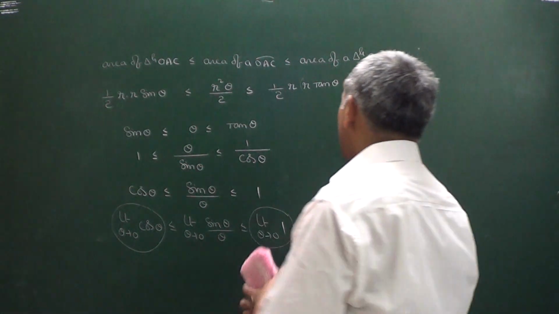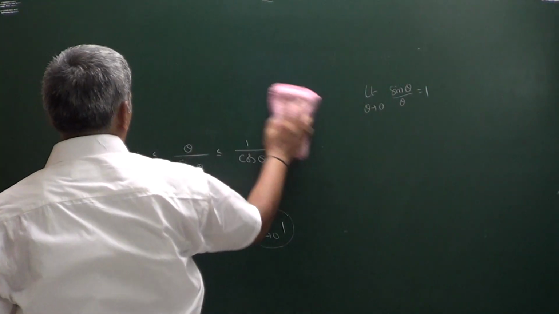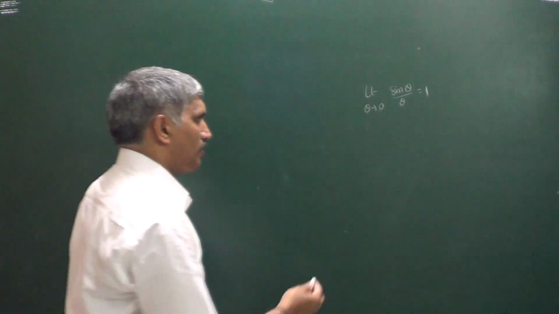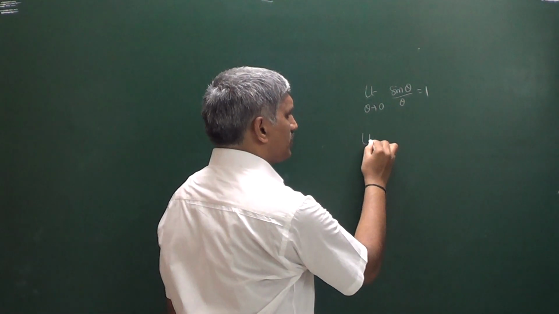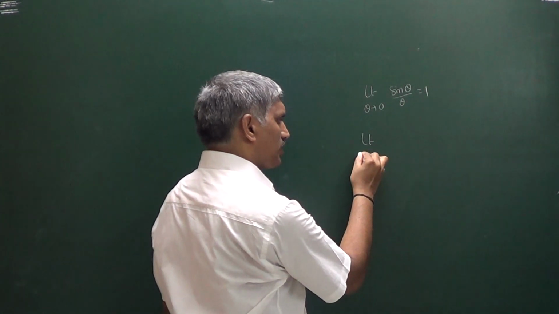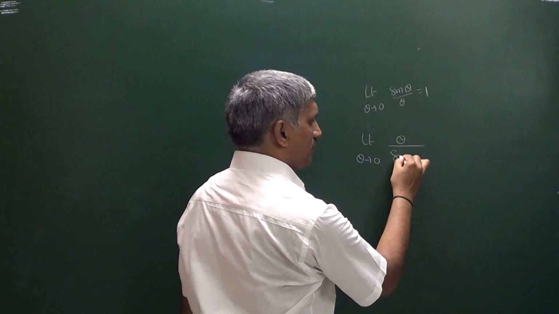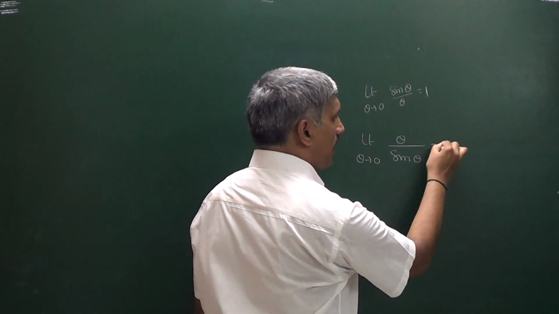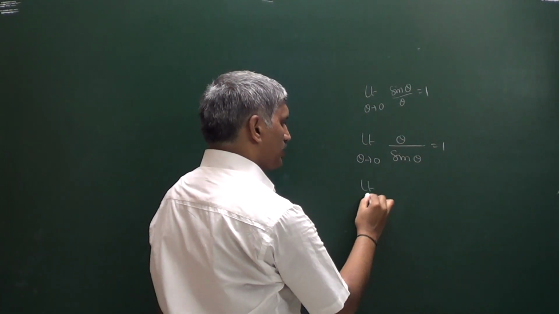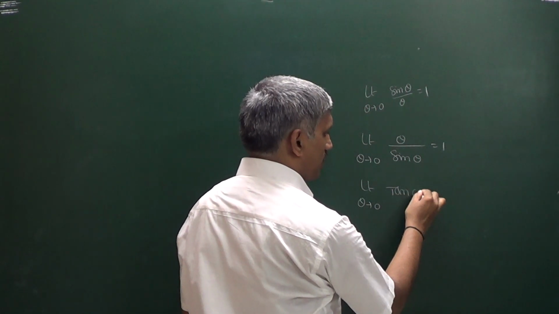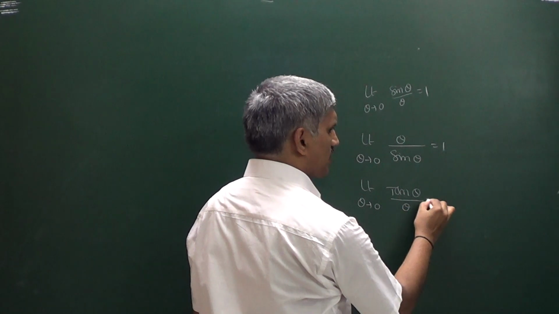So based on this application, limit theta tends to 0 sin theta by theta is equal to 1. Not only that, limit theta tends to 0 theta by sin theta we can also write as 1. At the same time, limit theta tends to 0 tan theta by theta we can also write as 1.